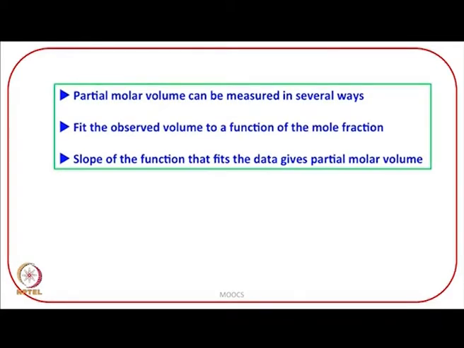So that is what is commented over here. Partial molar volume can be measured in several ways. What are the different ways of determining partial molar volume? We are talking about the volume, and the volume can be determined if we know the density.